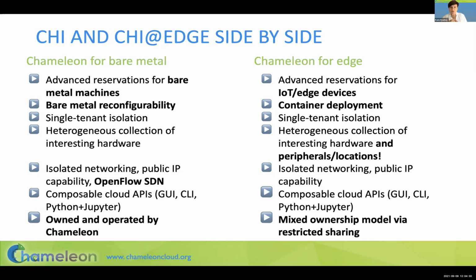We have now, well, of course, continue to have heterogeneous collection of hardware, but now heterogeneous collection of devices also with peripherals and in various interesting locations, and owned and operated by Chameleon, got replaced by a mixed ownership model via restricted sharing.